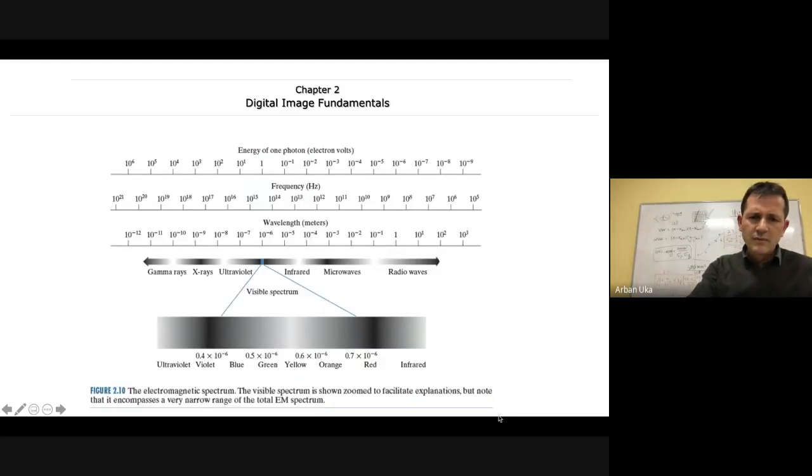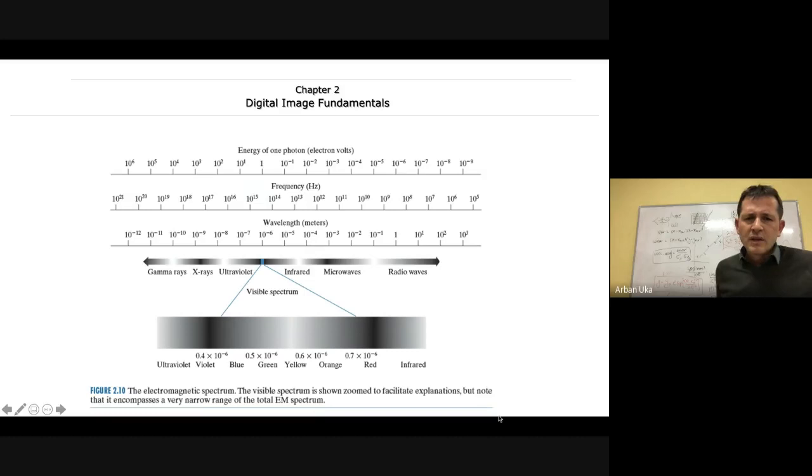So far we just discussed human perception when we analyze different image components. Here we can observe the wavelength or the electromagnetic spectrum which is used for image acquisition and for image analysis.